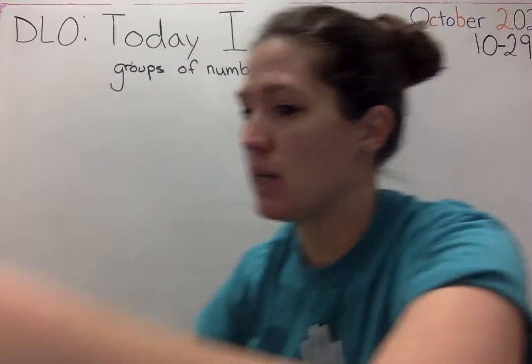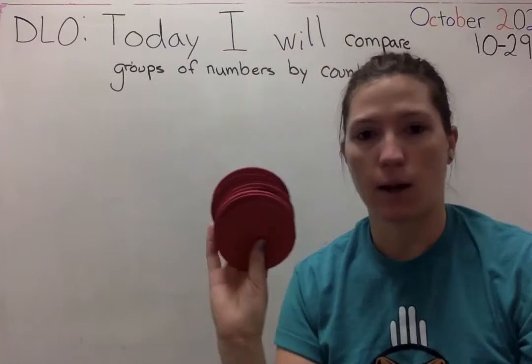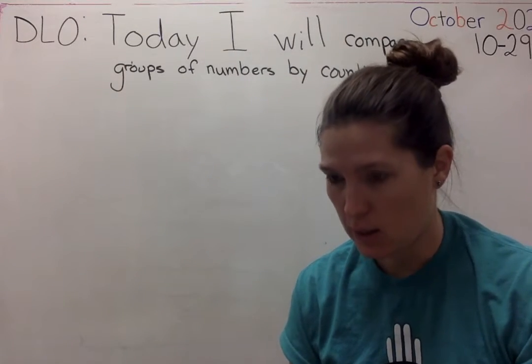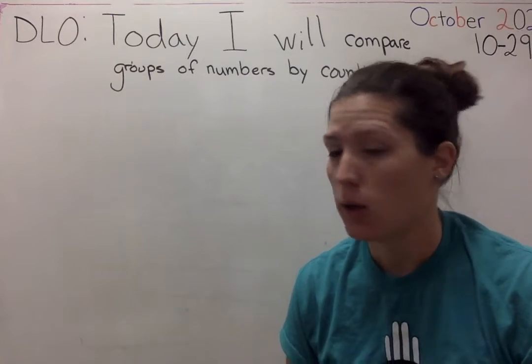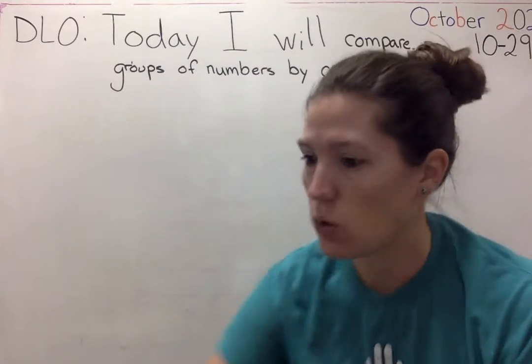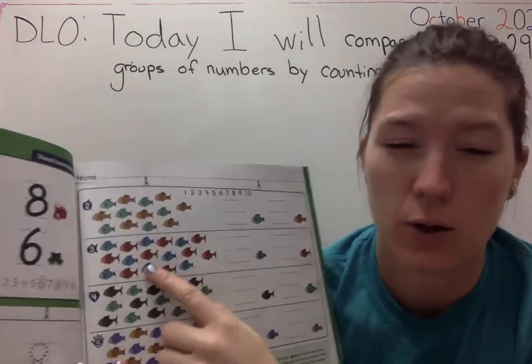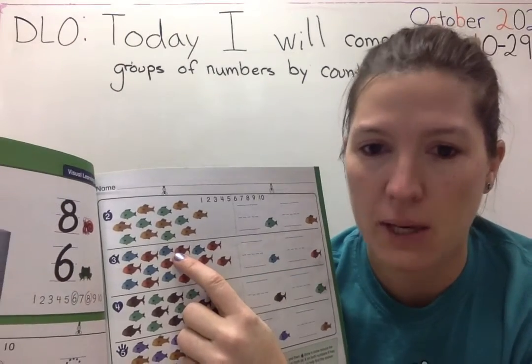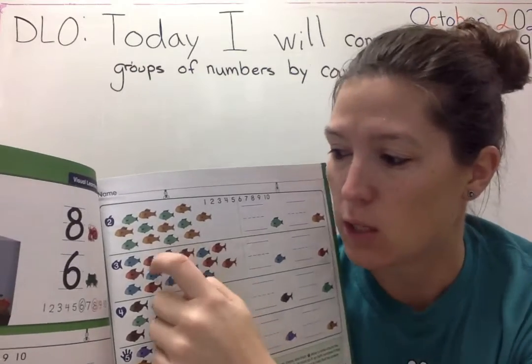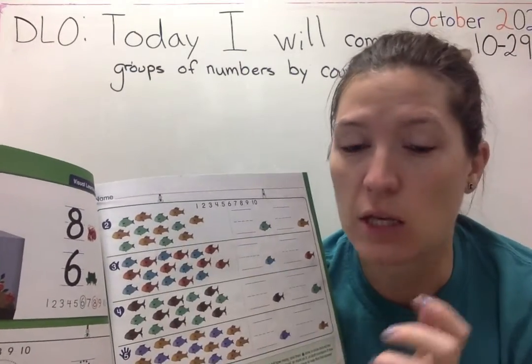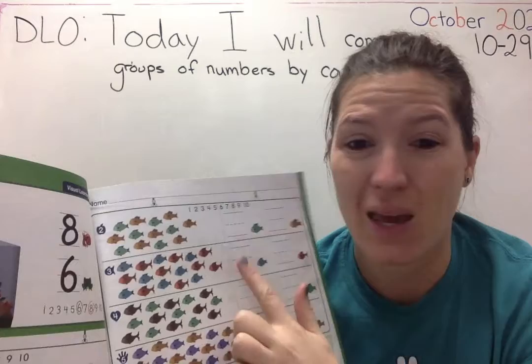I'm going to do some examples with my big circles, and in the book they're all scattered. When you are working with objects on a paper, the best strategy I would use is the cross-out method to count each fish, because we can't move them.